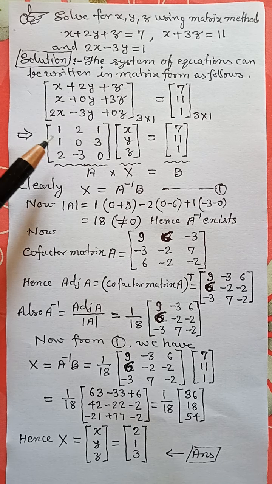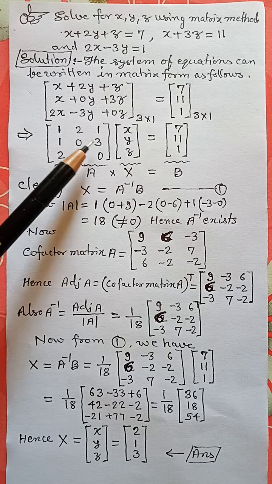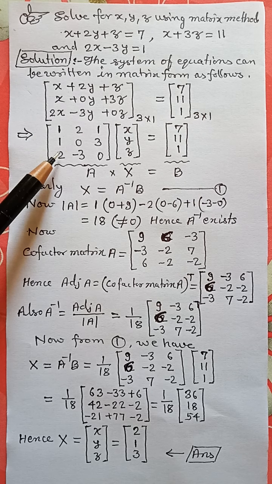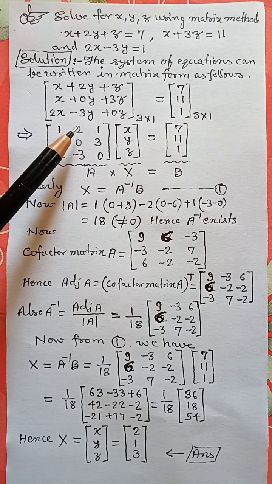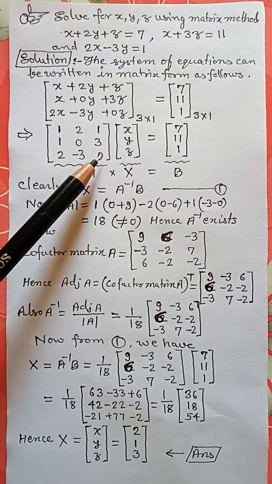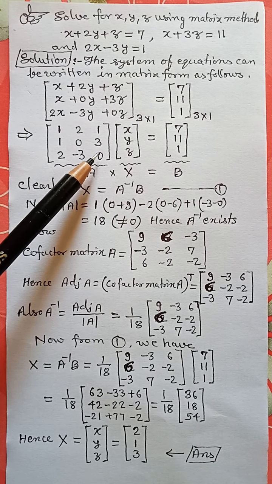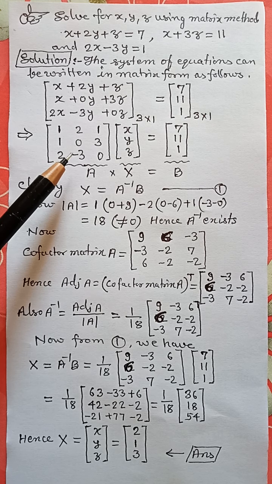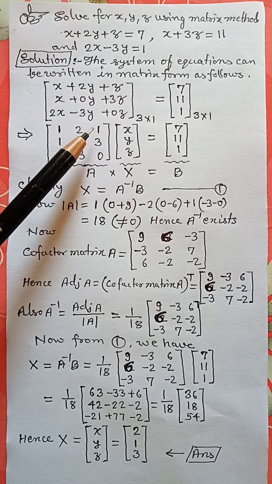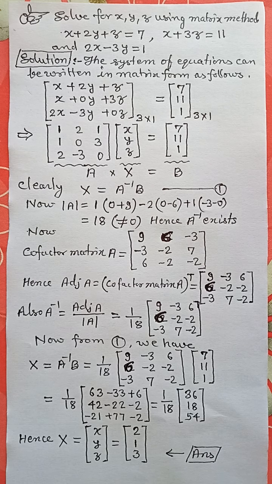this position. Now for this position, this row is deleted and this column is deleted. We are left with 2, 1, minus 3, 0. Multiply it: 2 multiplied by 0 is 0, minus of minus 3 multiplied by 1, that is minus 3, minus of minus 3 is plus 3.